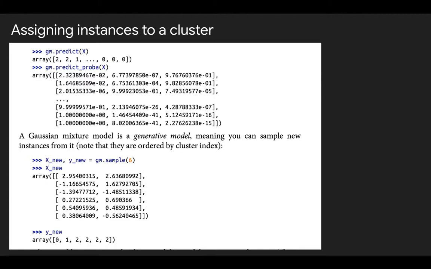Earlier on, I said that these clusters don't have labels, so it takes the index of the cluster as the label. You can see that we have 2, 1, 0, that's 0, 1, 2, 3 clusters. When you use the predict_proba function, it returns the probability of each instance belonging to each cluster. It doesn't return a cluster value.